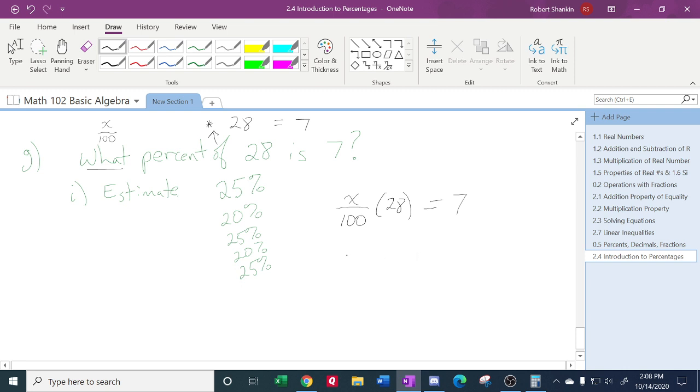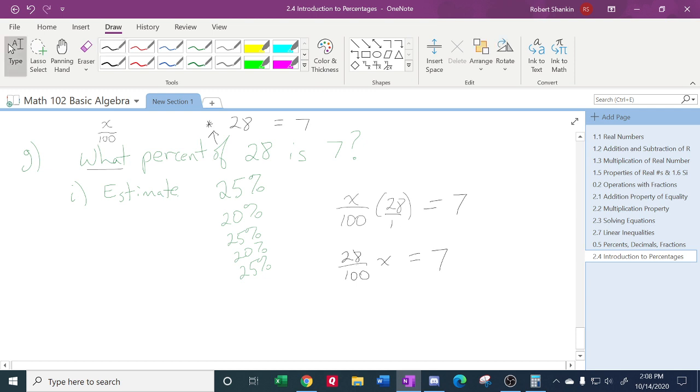Let me show you once again. It could be written like this, because the 28 is 28 over 1, so it goes in the top. And when you have the variable x, you could either put it in the top or out to the side, because it's really over 1 when it's to the side, so it's the same as that.